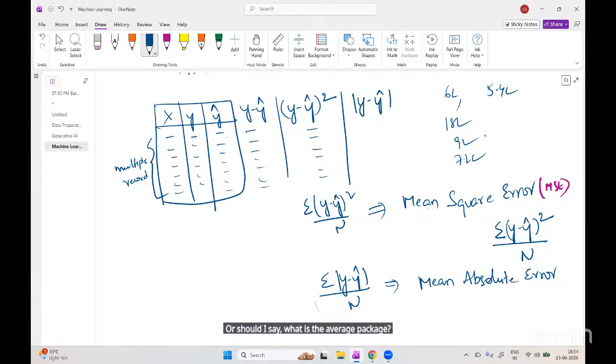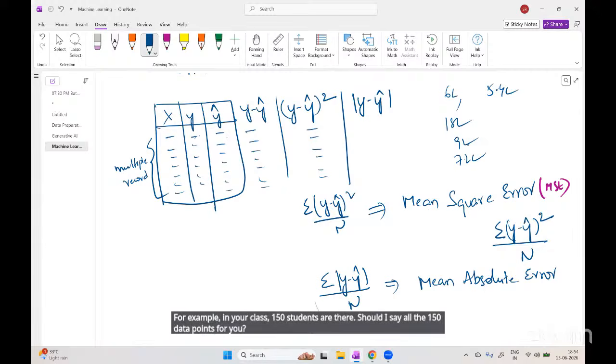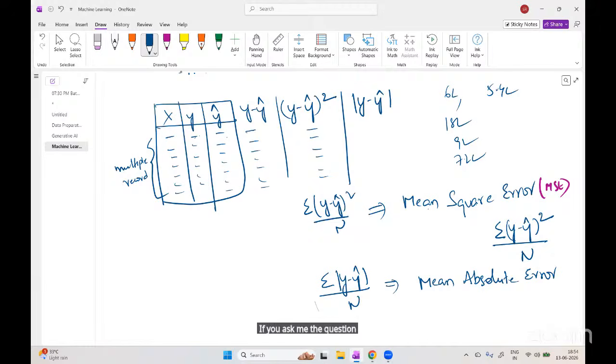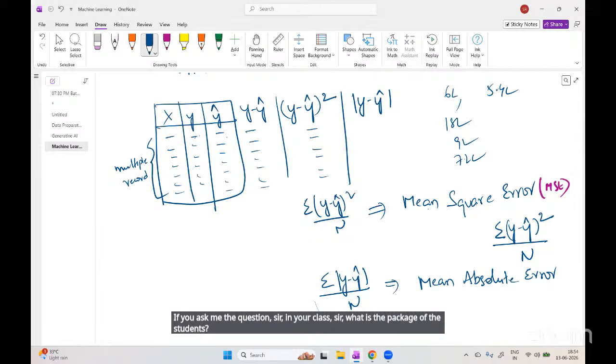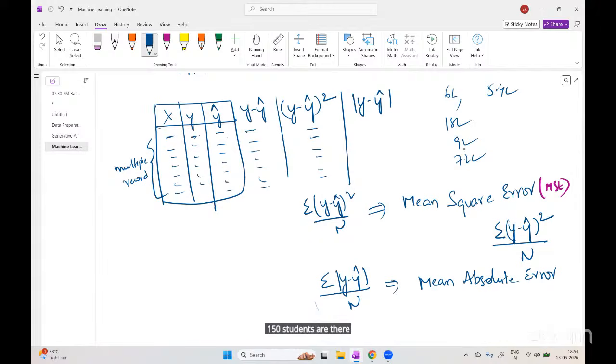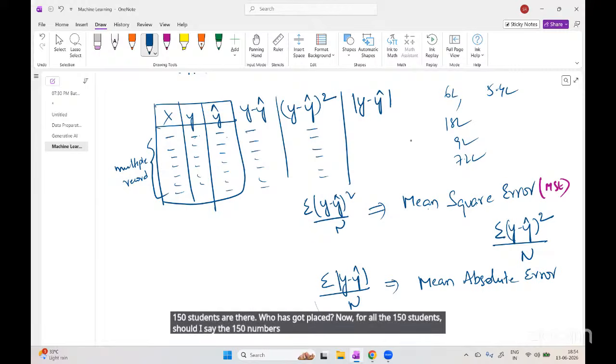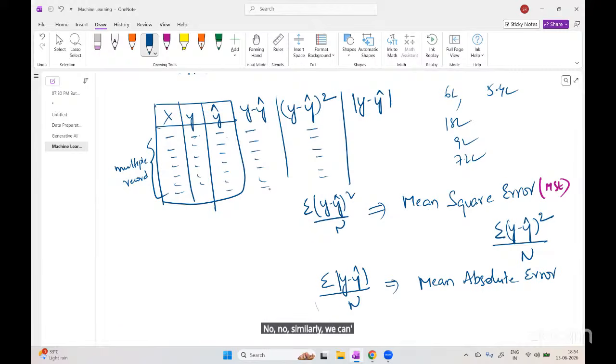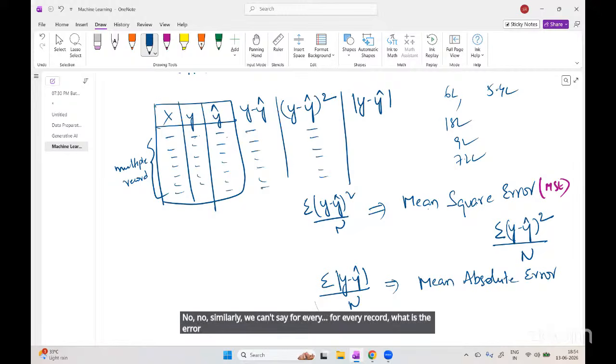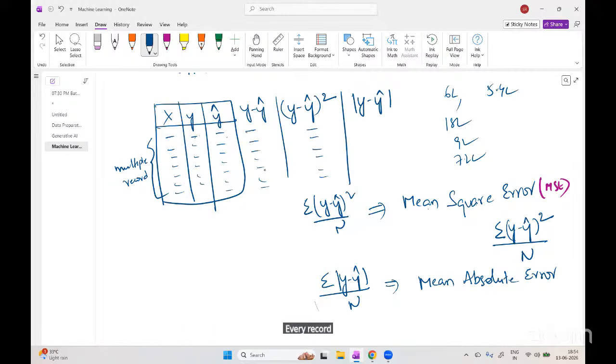For example, in your class, 150 students are there. Should I say all the 150 data points for you? If you ask me the question, sir, in your class, what is the package of the students, 150 students are there, who has got placed? Now, for all the 150 students, should I say 150 numbers? No, no. Similarly, we can't say for every record what the error is. Every record will have an error, and we can't tell the value for every record.